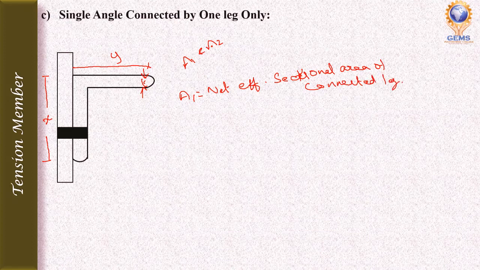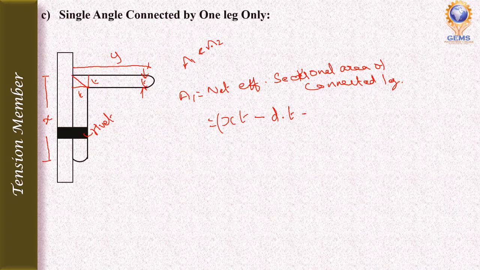How can we find it? If you multiply the length into thickness, we get the overall area. From that, we have to deduct the rivet area, that is the diameter of the rivet into thickness. See here, this area is common for both the connected and the outstanding leg, so it has thickness on both sides. For the net sectional area, it will be divided in half.